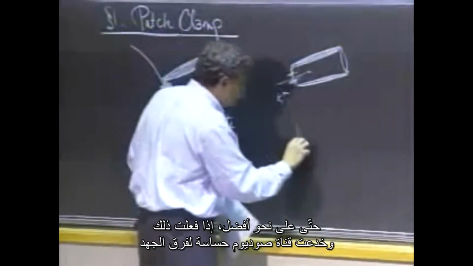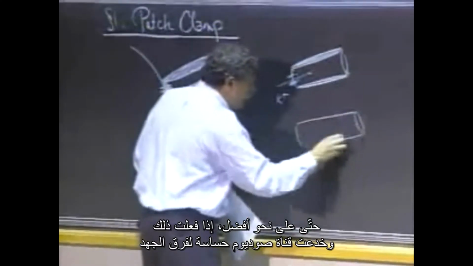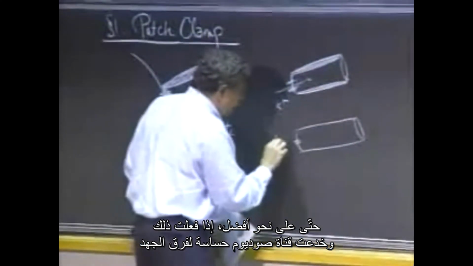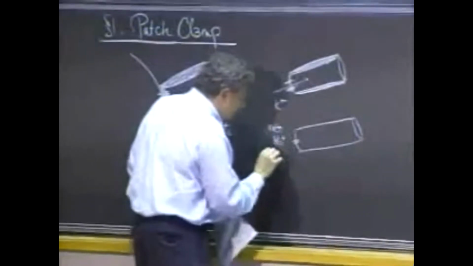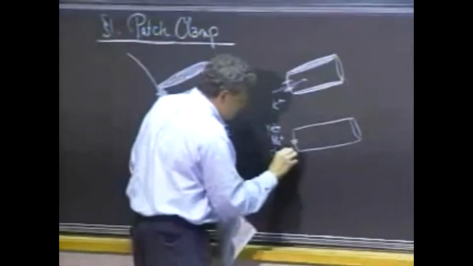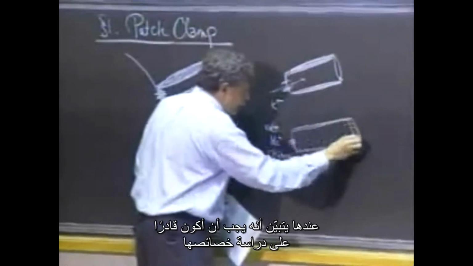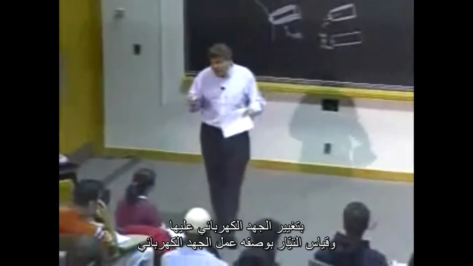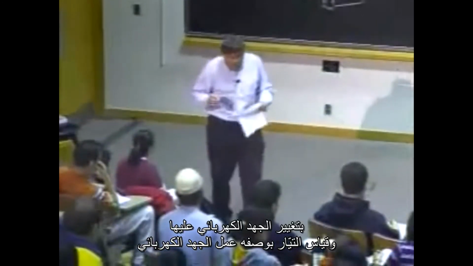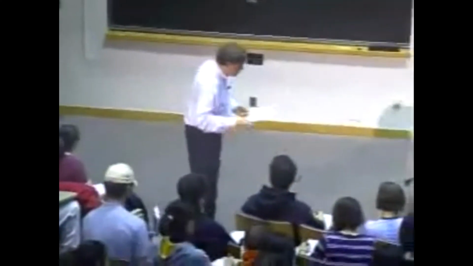Even more cool, if I do this and I've ripped off a voltage-gated sodium channel, then it turns out that I ought to be able to study its properties by changing the voltage on it and measuring the current as a function of the voltage.